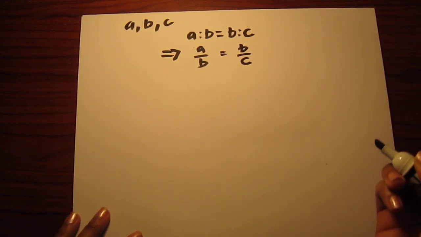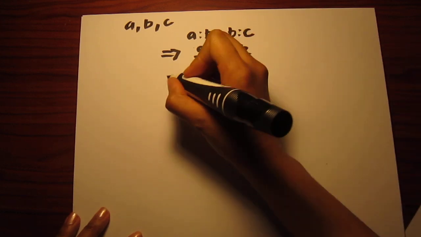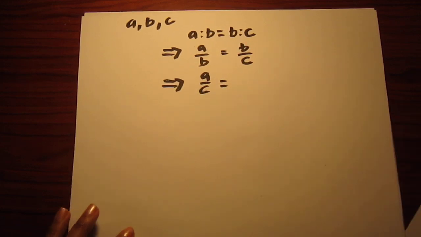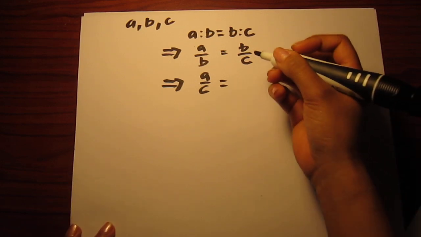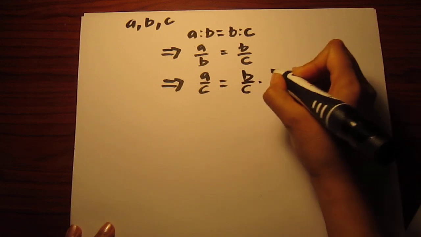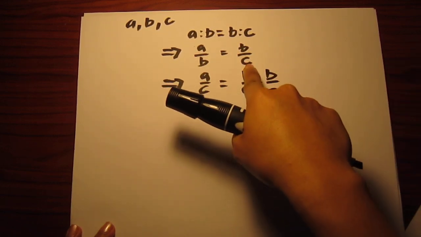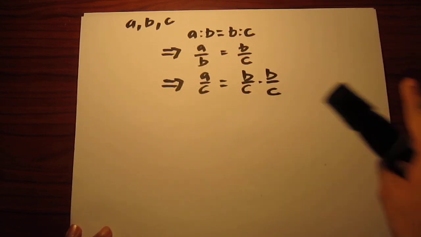Now if we want to describe the ratio between A and C, we could say that A over C is equal to, through some basic algebra, B over C times B over C. When you put A times C is equal to B times B, and then you divide by C on both sides.